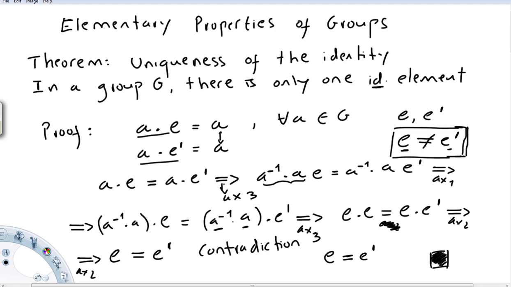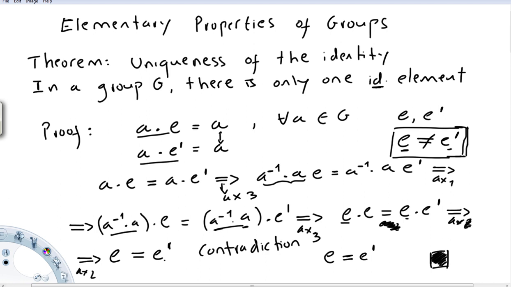So by axiom 3 this should be the identity and this should be the identity too. But axiom 2 says that the identity is an element that operated with another element leaves that other element as it is. So E times E equals E, and E times E prime equals E prime.